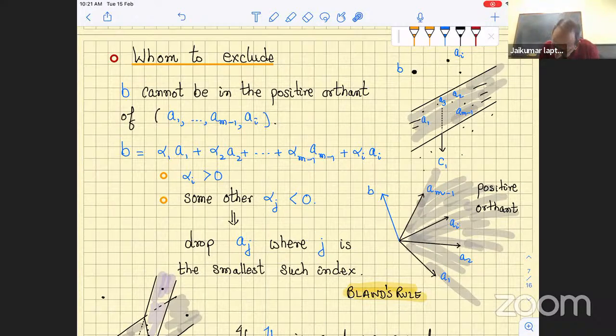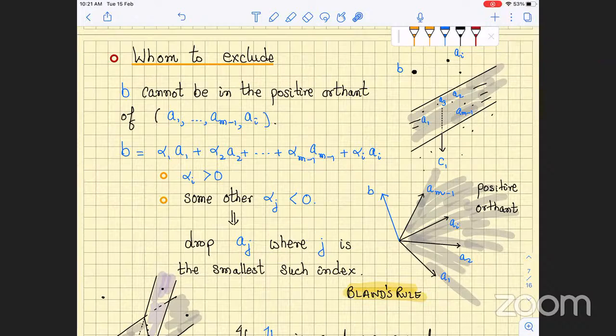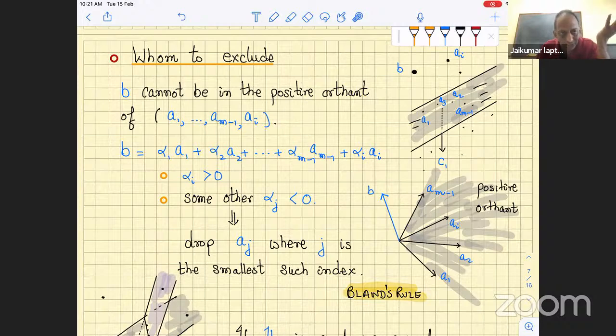Now, can B be in the positive orthant of this A_1 to A_m? That is a positive linear combination of the basis vectors. If it was in the positive orthant, then it would be a positive linear combination of A_1 to A_m. But we assume that B is not in the positive orthant.